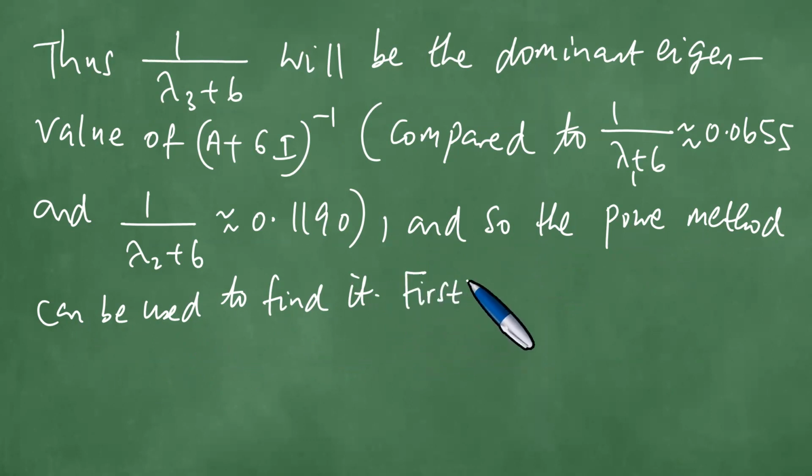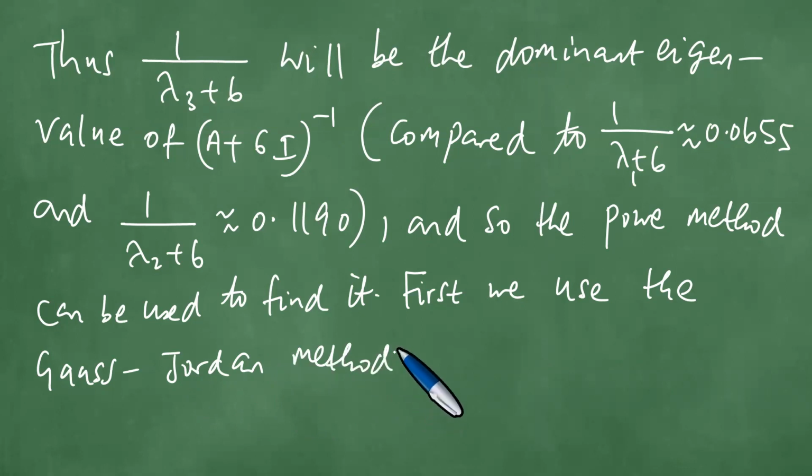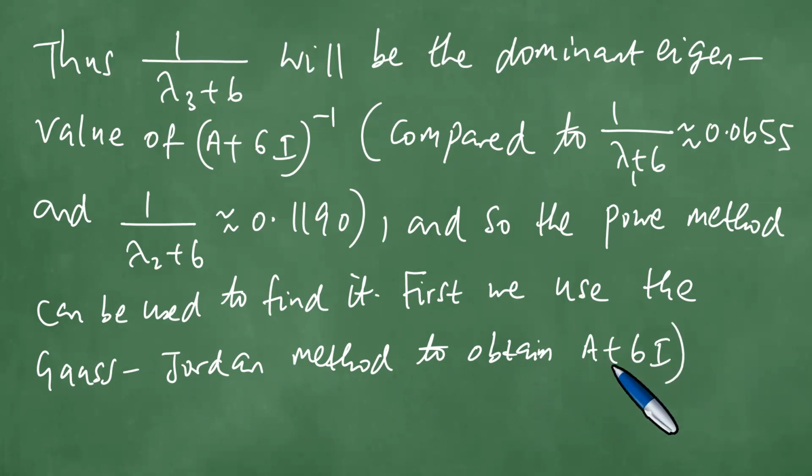But first, we use the most popular Gauss-Jordan method to obtain the inverse of A plus 6I.